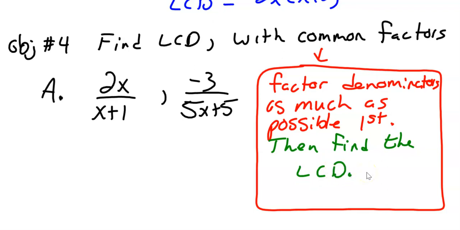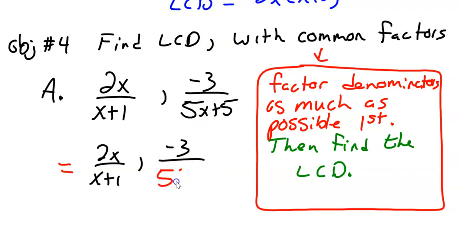So as your denominators start to get a little bit more complex, basically you're trying to see if you can factor out your denominators as much as you possibly can. So for the first one, nothing you can do there. It's 2x and it's x plus 1. But the second one, you've got the 5x plus 5. You can factor out a 5, make it x plus 1.